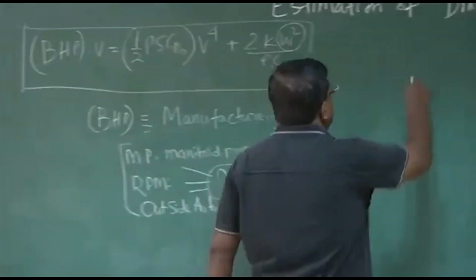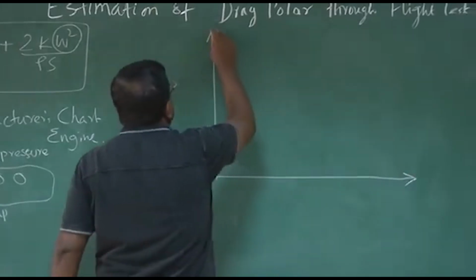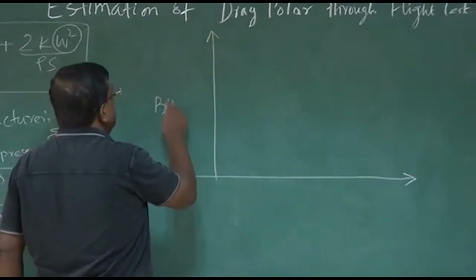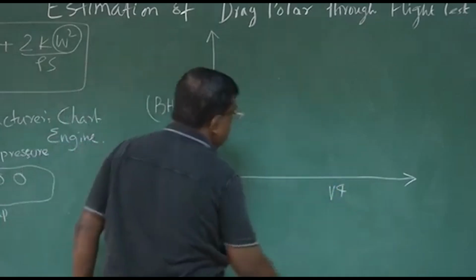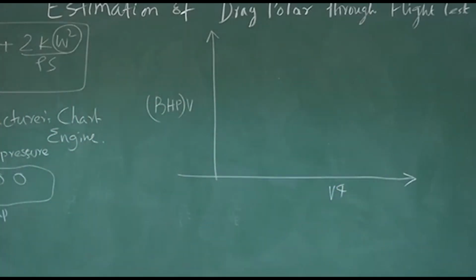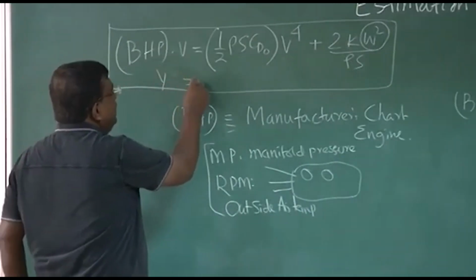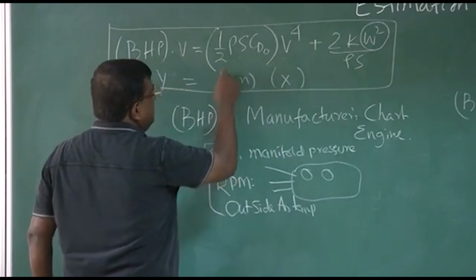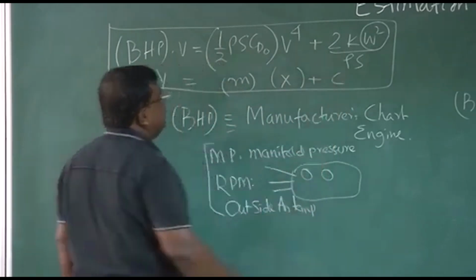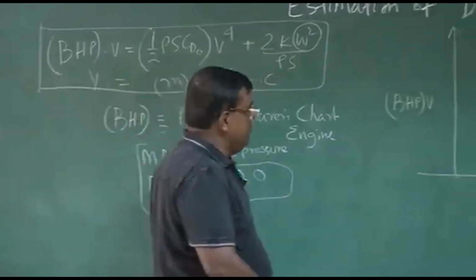If I plot a graph between BHP into V versus V to the power 4, what sort of curve will we get? See, BHP into V is Y, this is X, I call it M, and this is plus C. So what sort of graph should I get?